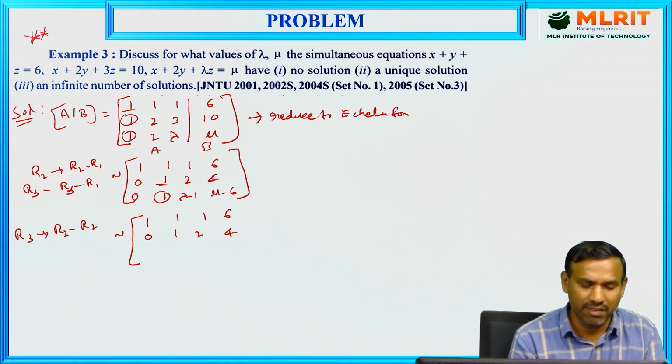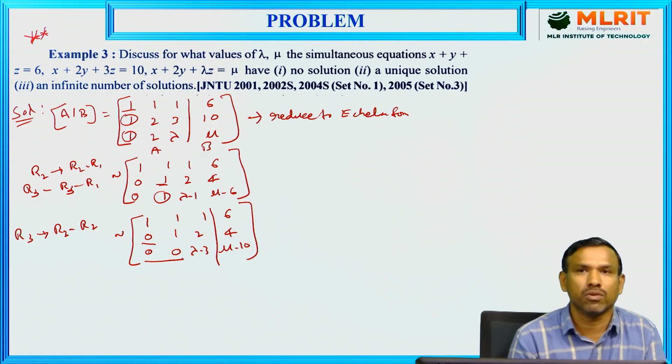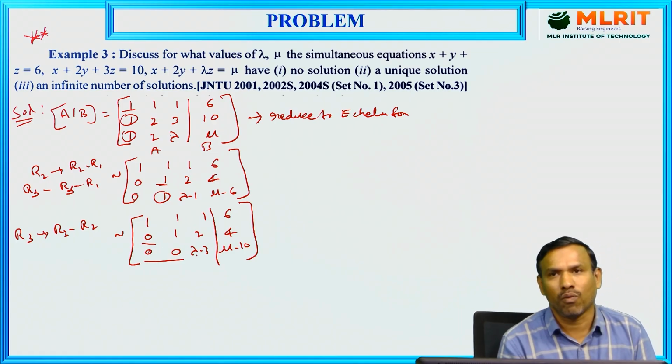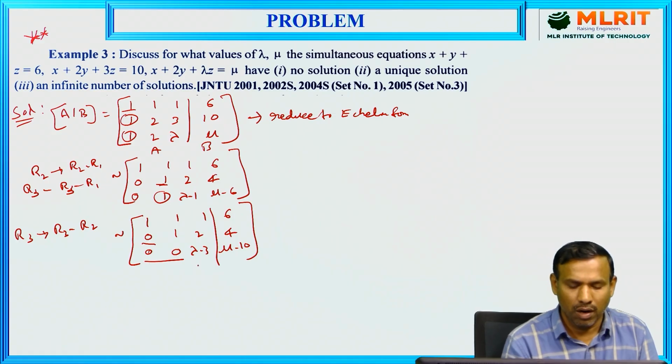Now R3 minus R2: 0 minus 0, 0, 1 minus 1, 0, lambda minus 1 minus 2, lambda minus 3, mu minus 6 minus 4, mu minus 10. Now check it. It is clearly in echelon form. 1 zero, 2 zeros. The number of zeros before the first non-zero entry should increase row-wise. Now here lambda and mu are the deciding factors.